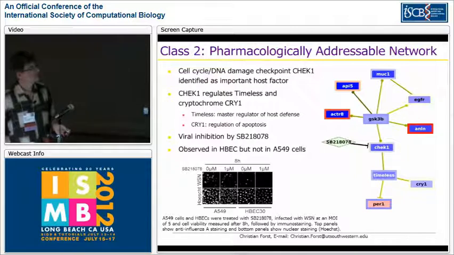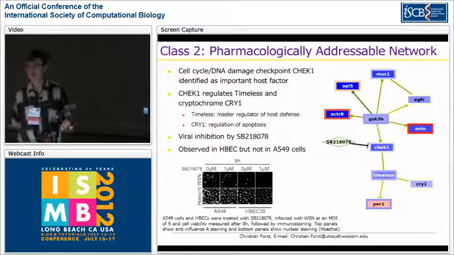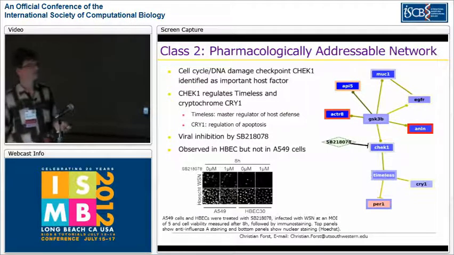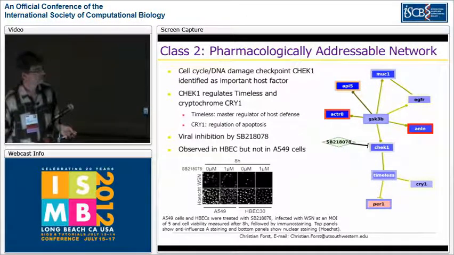And here the importance of the regular cell line compared to the cancer-derived cell line comes into play, because we couldn't find this inhibition in the cancer lines. So this capability is gone in the lung cancer line, the A549 cells, but remains in the HBAC, the regular cell lines.